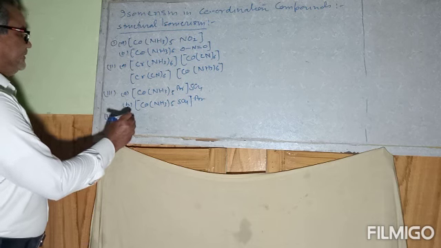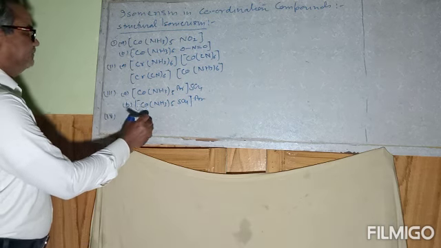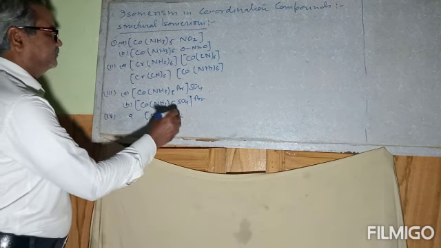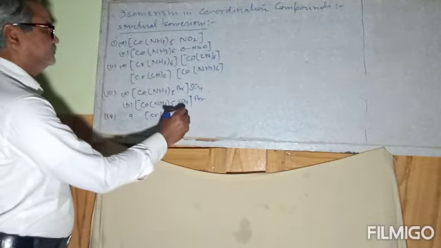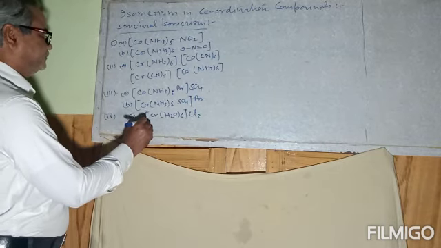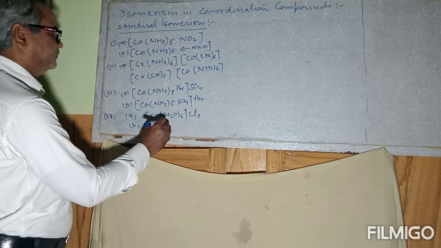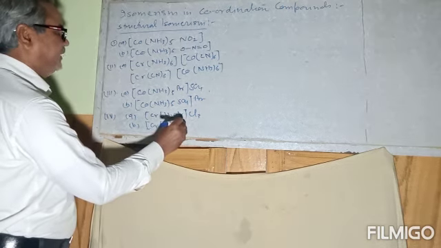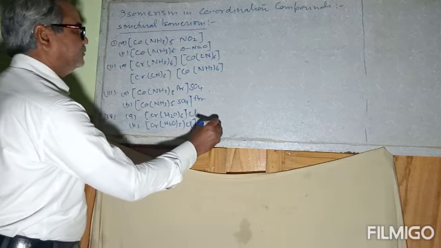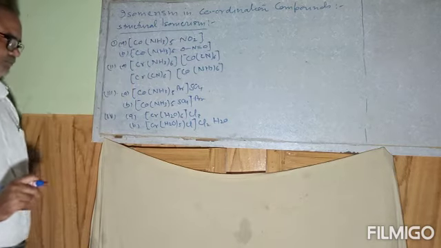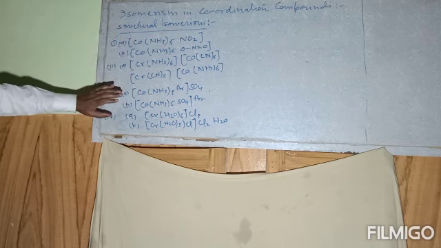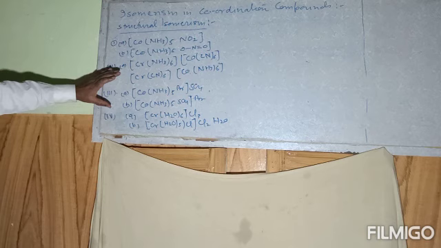The example is chromium, H2O whole 5, Cl, Cl2, H2O. These are the examples of 4 types of coordination structural isomerism.